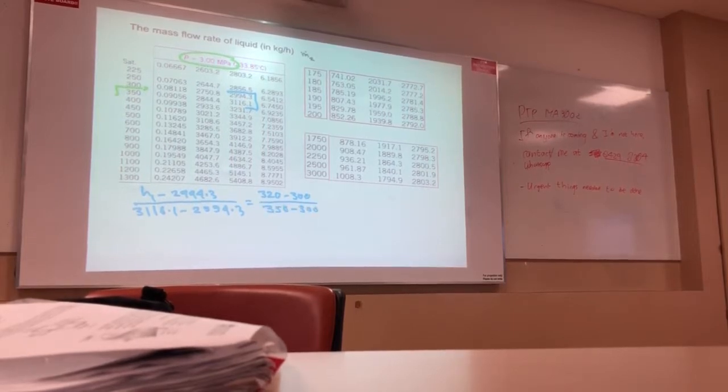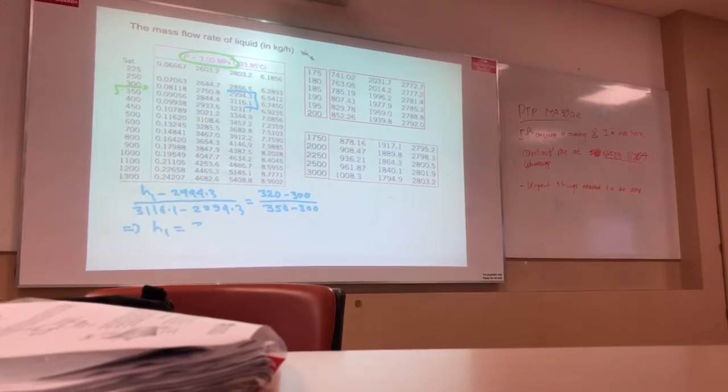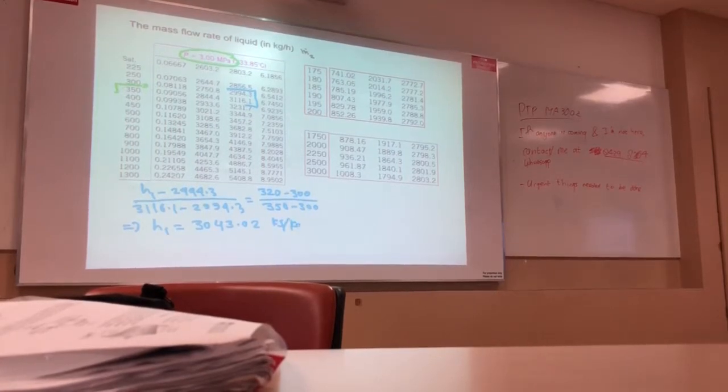Then you can get h1. h1 is equivalent to 3043.02 kilojoules per kilogram. Right, done.